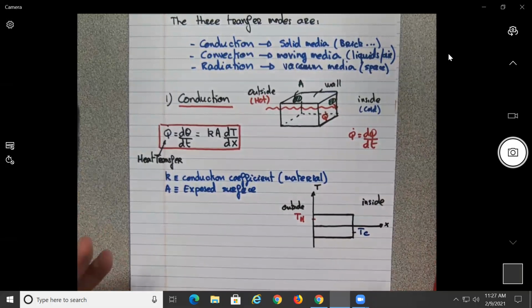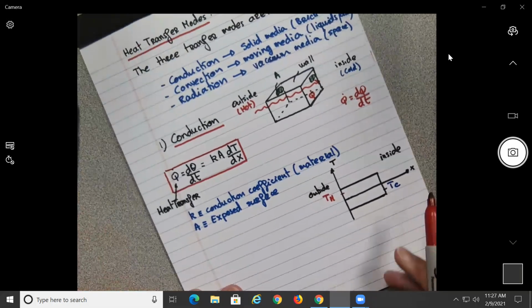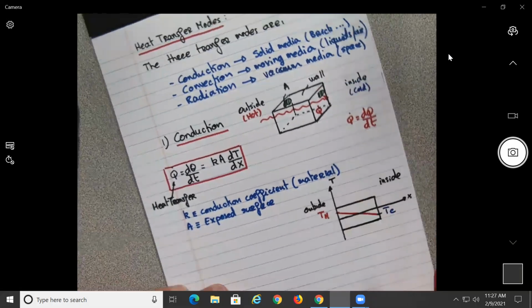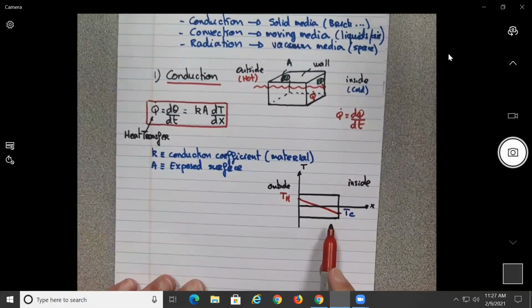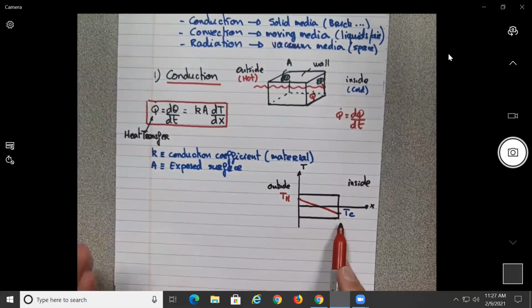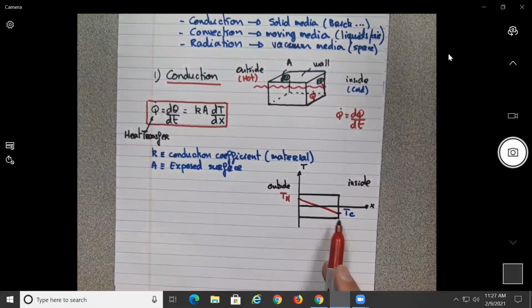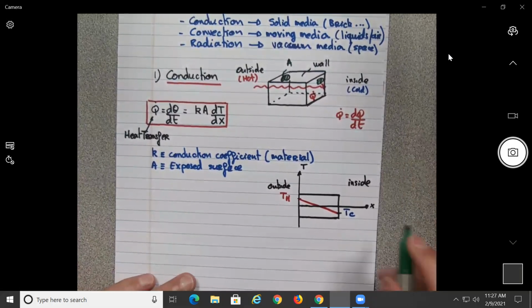So, if we assume a linear variation of the heat, you agree that this will be the variation of the temperature throughout the thickness of the wall, no? Okay? And what will be the thickness of the wall?